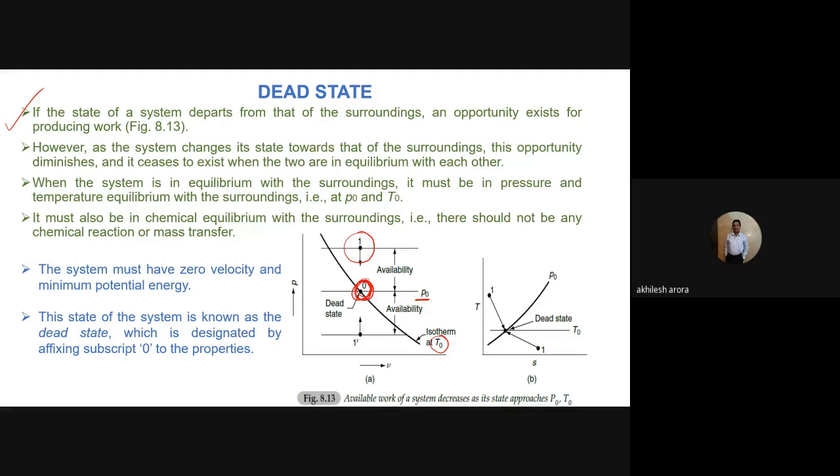If the state of the system is different from O, then we have the potential to do work with the help of some type of system, and that maximum useful work is known as the availability. You can see it written here as availability.